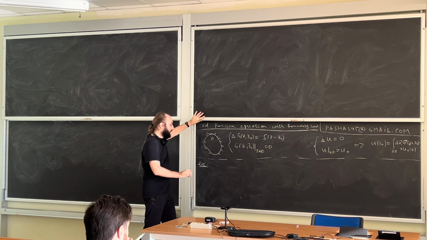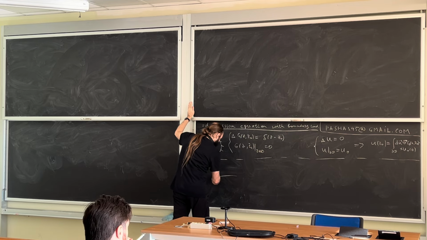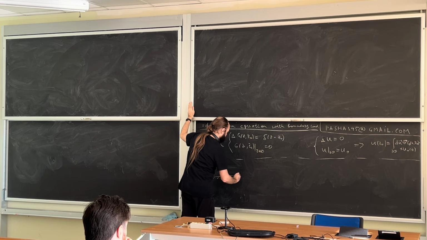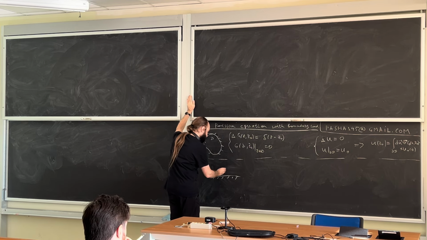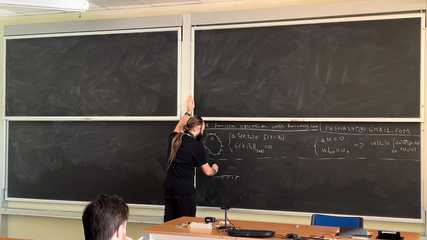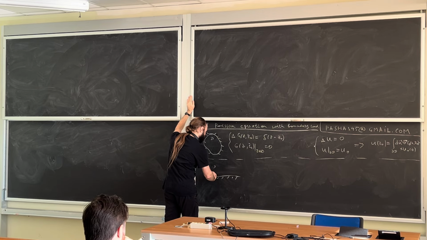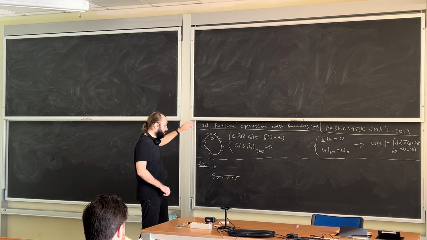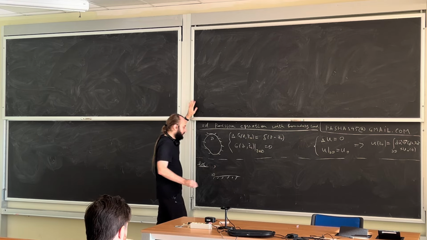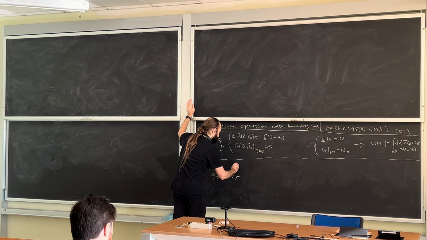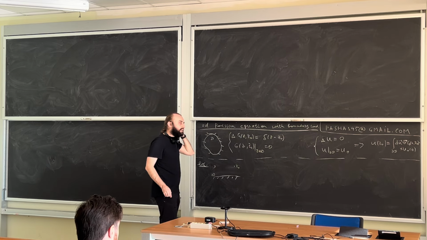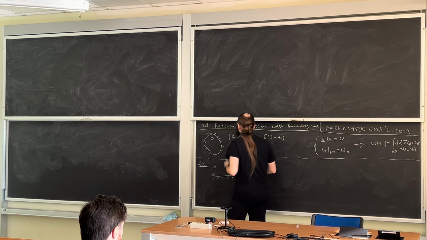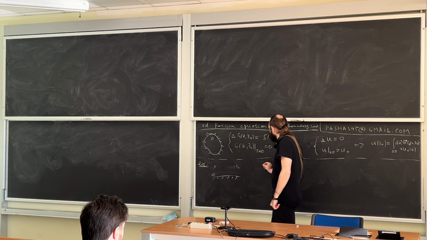The upper half plane. So this is our domain D. This real line is the boundary of D, and there is some point z0. Can you remind me the formula of the Green function in this case?